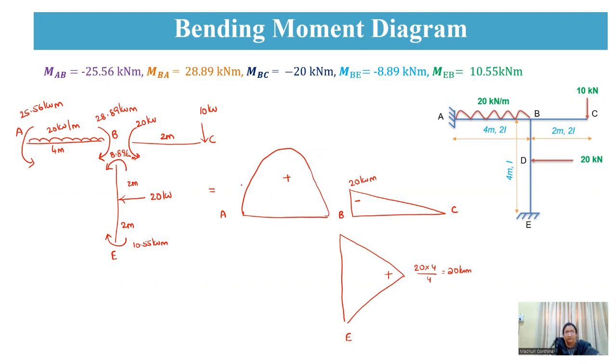So this is 25 and this is 28. So by joining these two, here having 28.89 kilonewton meter, and this is 40 kilonewton meter, 25.56 kilonewton meter.